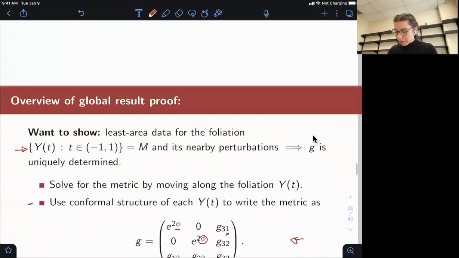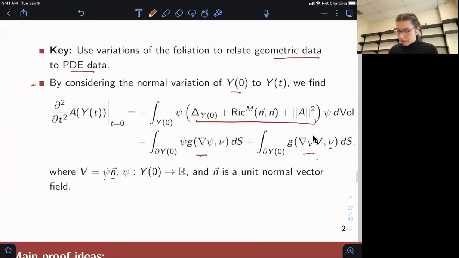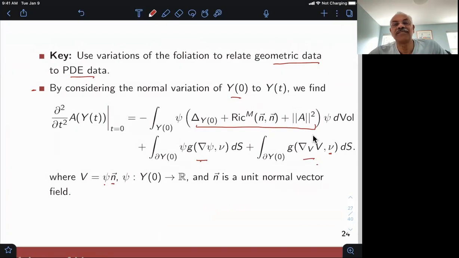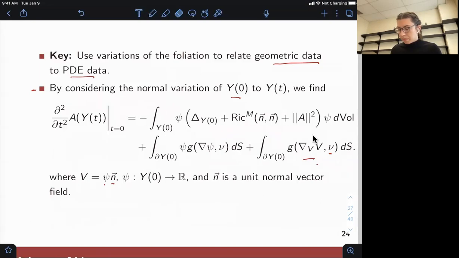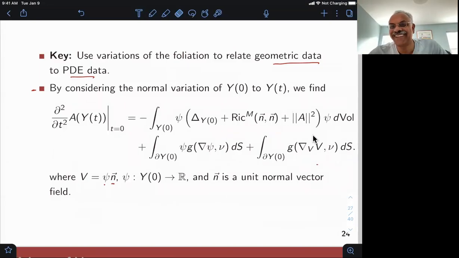All right, let me back up a little bit. The reason I'm saying this is, am I mistaken? You're saying that you have the minimal surface for this family of foliations. Yes. So that I would say is one-parameter data. Or am I mistaken there? For each T there is a foliation.